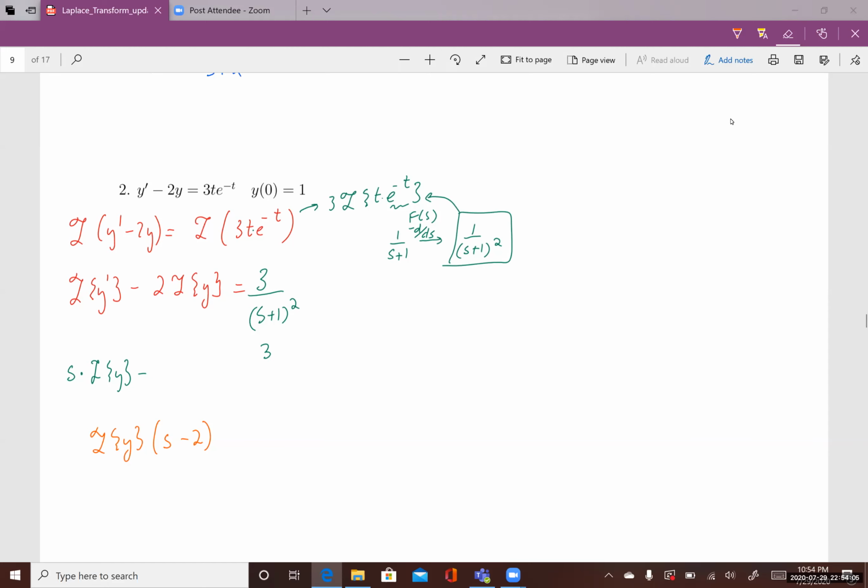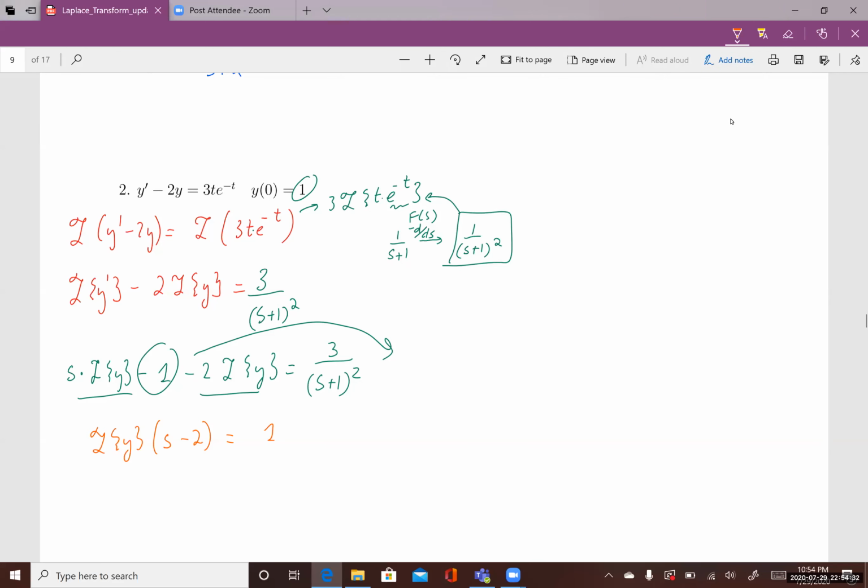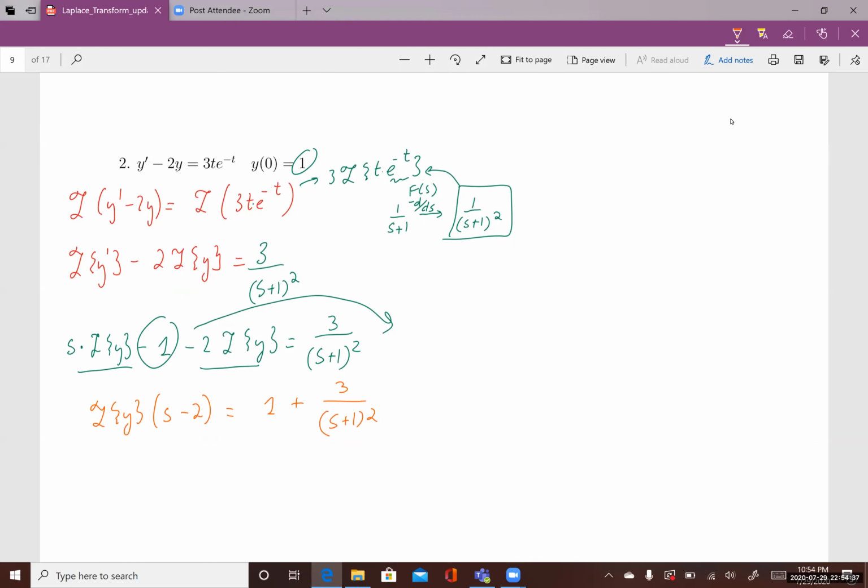So you should have minus f of 0, which is 1, minus 2 times the Laplace transform of y equals 3 over s plus 1 squared. All right, now I group this and this together. I move this over here, equals 1 plus 3 over s plus 1 squared. And again, to solve for the Laplace transform of y, we divide everything by s minus 2.